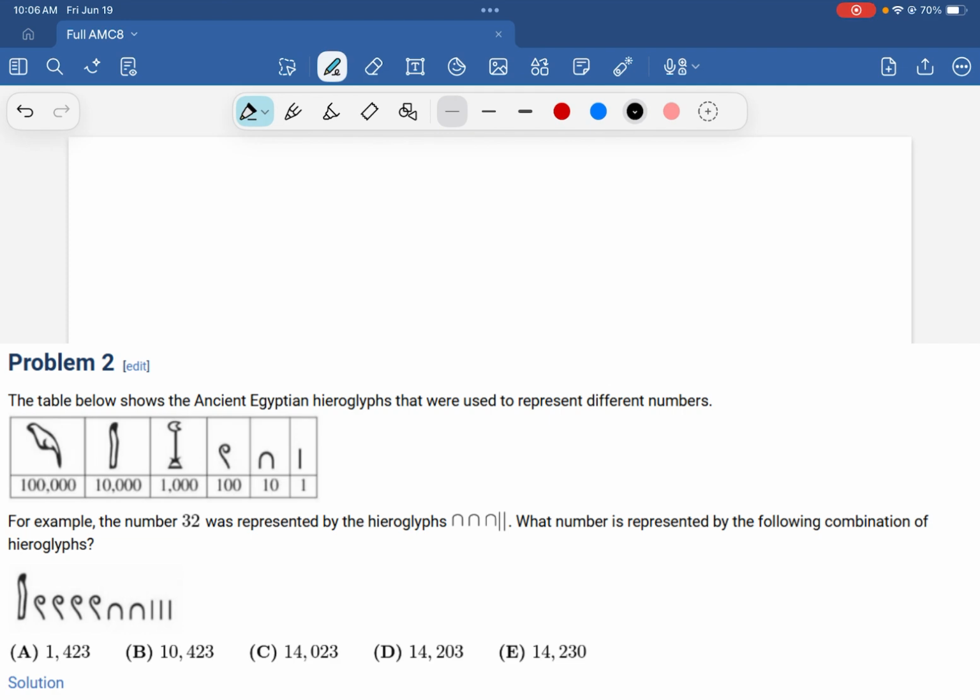Problem 2. The table below shows the ancient Egyptian hieroglyphics that were used to represent different numbers. For example, 32 is represented by this. What number is represented by the following combination?